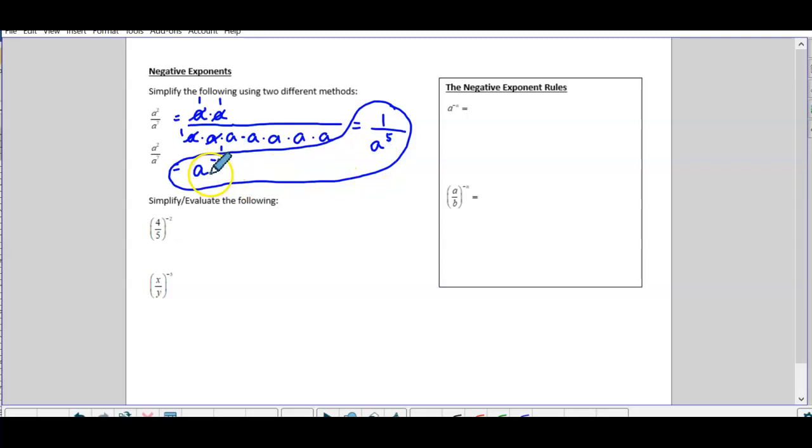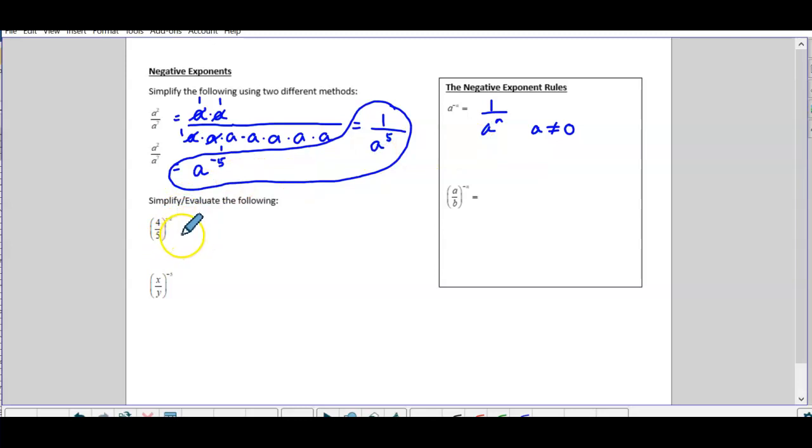But if you have a negative exponent, most times we're going to ask you to show it as a positive, which means you have to take the reciprocal or invert the base to the denominator. Okay, so a to the negative 5 is really 1 over a to the positive 5. So here, a to the negative n is 1 over a to the positive n, as long as a is not 0.